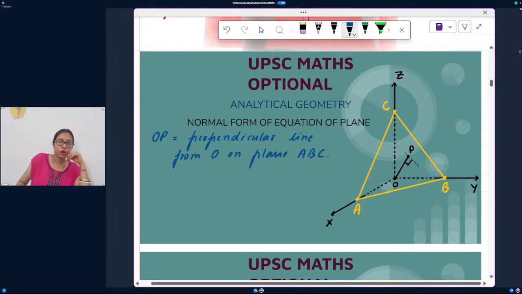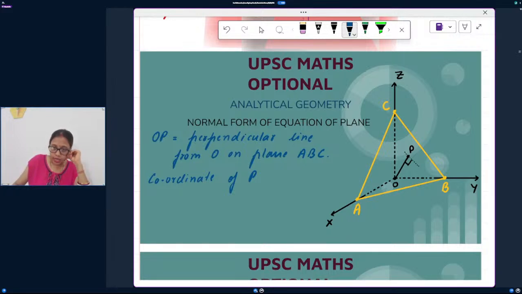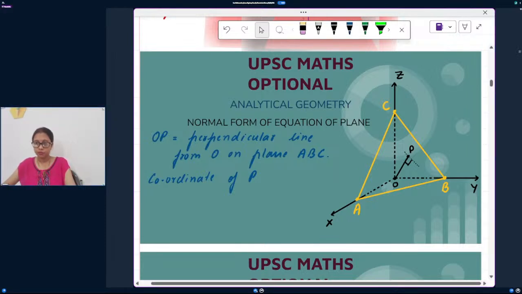Okay. What will be coordinate of P? Let's talk about coordinate of P. So please observe, if this is perpendicular, then I'll not draw it over here.